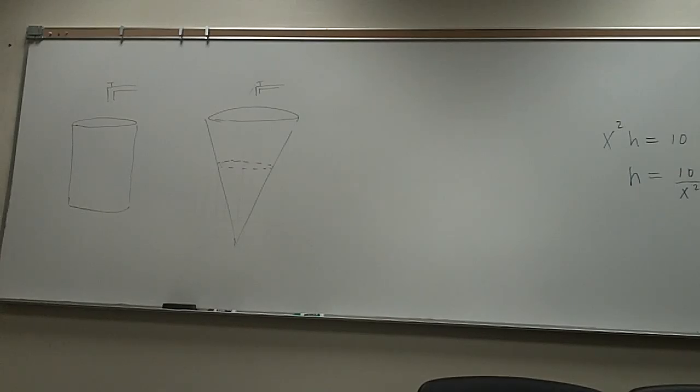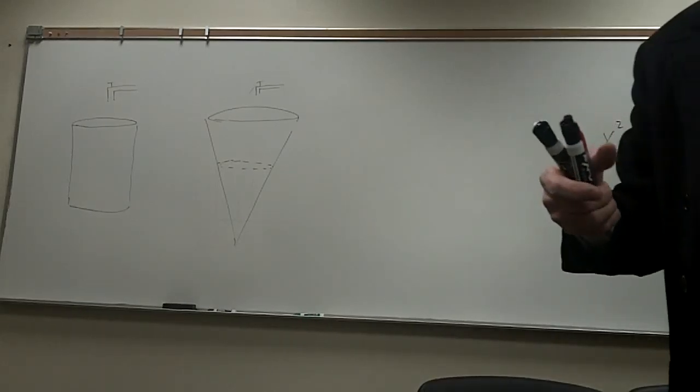Or you can calculate how fast the radius is changing, the circumference, and how fast the height is changing, only knowing one thing about it: how much water is going into the container.